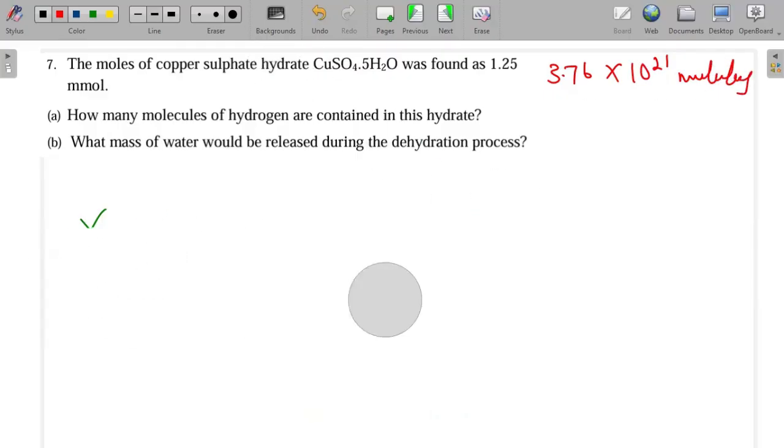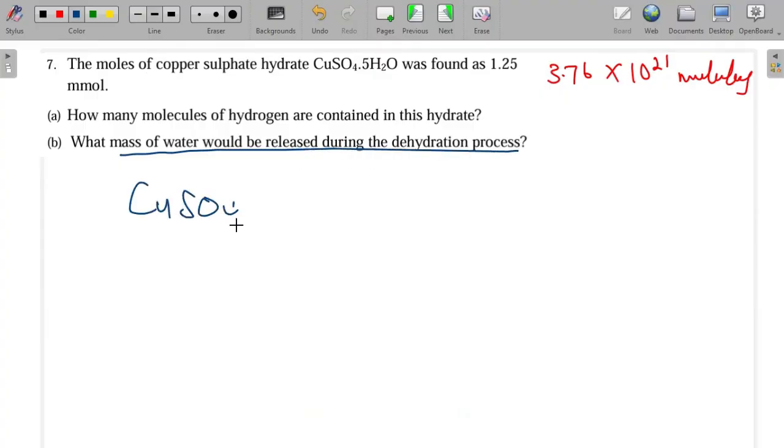Okay, and then now what about B? So B, they're saying what mass of water would be released during the dehydration process. So if I write this formula, and then I get the mole ratio of this whole thing to water, what do I have?